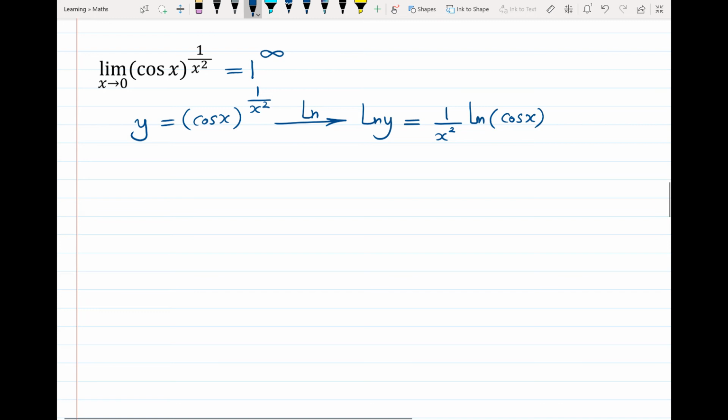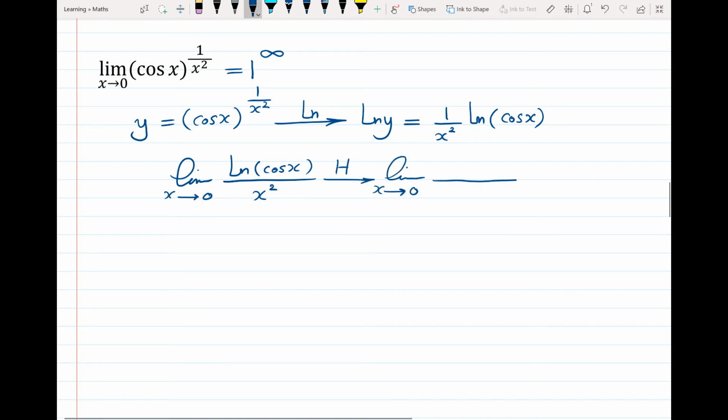Now we have to find the limit of 1 over x squared times ln of cosine of x with L'Hopital's rule. So we want to find the limit of ln of cosine of x over x squared as x approaches 0.